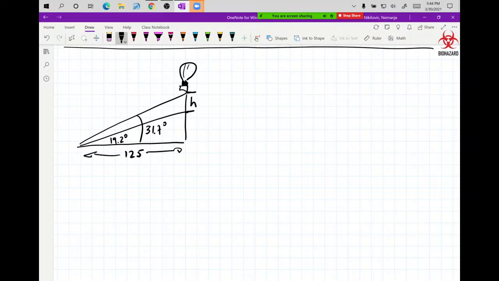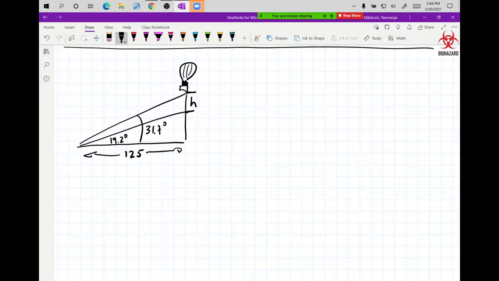Well, when you are dealing with these trigonometric problems, the most important part is to set up the triangle and a trig function so that the least amount of calculations are used.